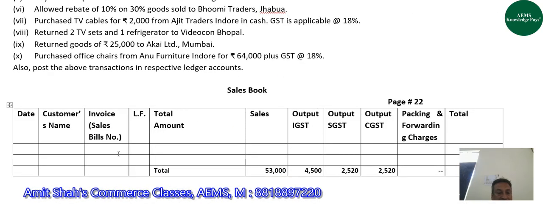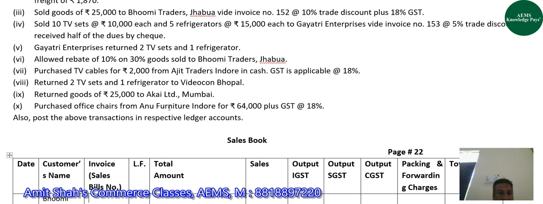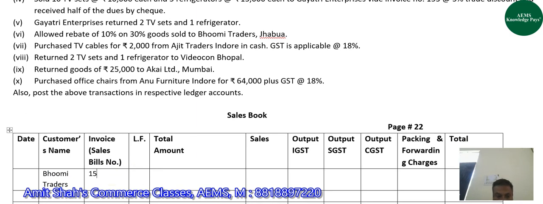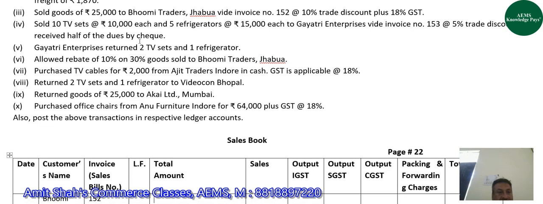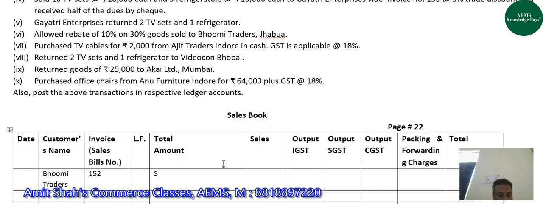So in sales book, we will write here Bhumi Traders. Here our bill number, that is invoice number 152. Then in totals, we will write the details of the goods. Since details of goods are not given here, we will simply write 25,000 sales.